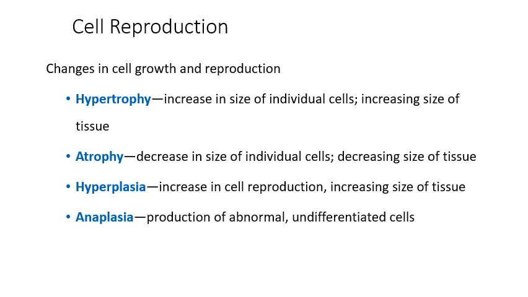So hypertrophy, overgrowth; atrophy, shrinking. Hyperplasia is an increase in cell reproduction. So instead of cells getting bigger, they're just reproducing more. And anaplasia is the production of abnormal, undifferentiated cells, so basically producing immature cells that don't differentiate properly.